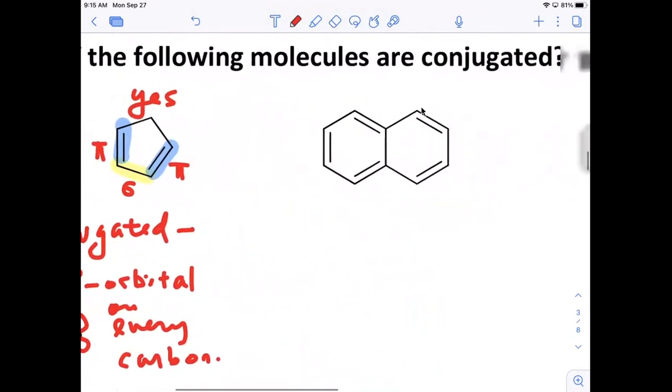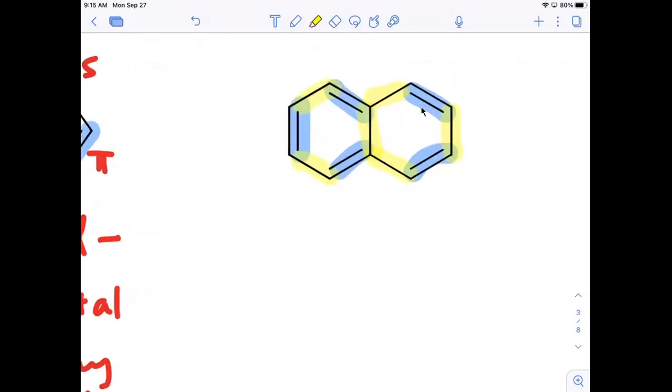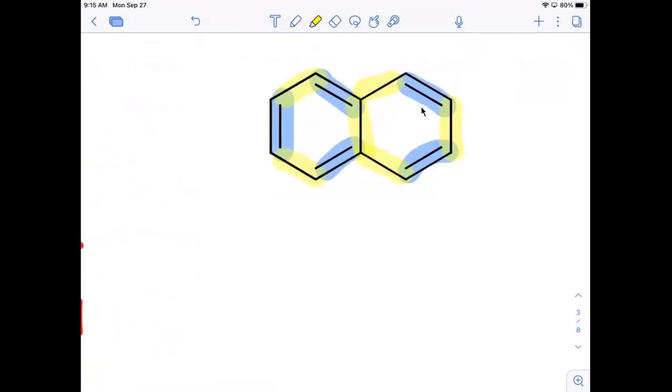Same with this one. You can see the pattern. These are my pi bonds, and each pi bond is separated by a sigma bond. All right, so is this one fully conjugated, do you think? Can we put a p orbital on every carbon in here?